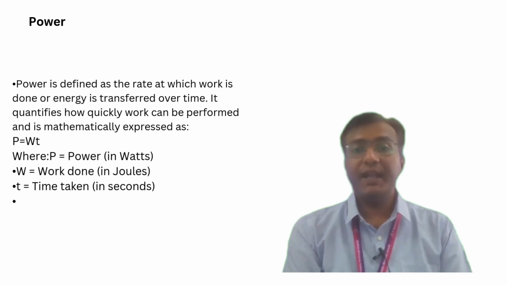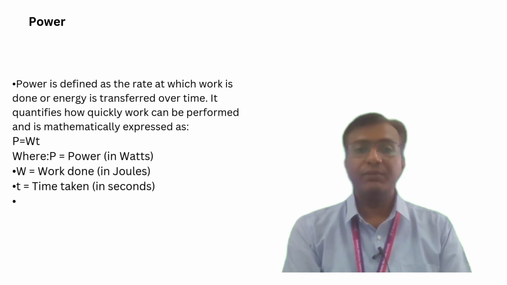This means that a system that does a lot of work in a short amount of time has high power output, while a system that does the same amount of work over a longer period of time has a lower power output. Here's a key insight about power.